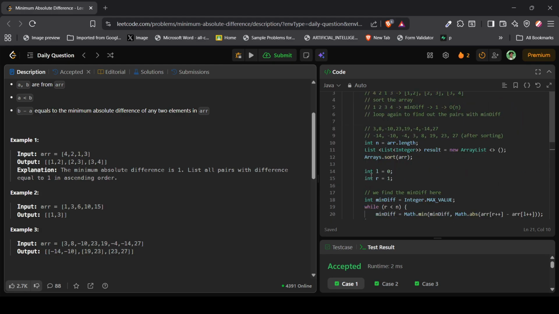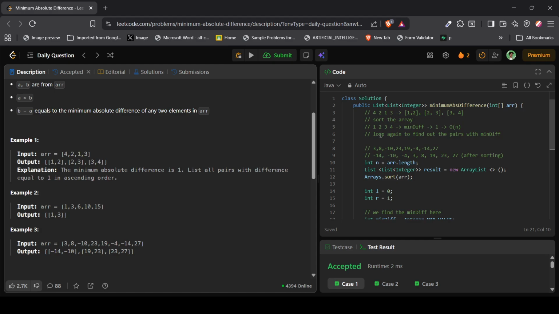Let's say this is the array that we have, and we have many elements. Ignore the rest of the elements. Here minus 14 and minus 10, the absolute difference is 4.